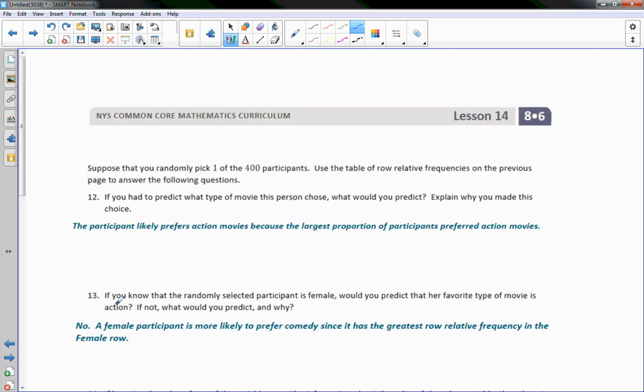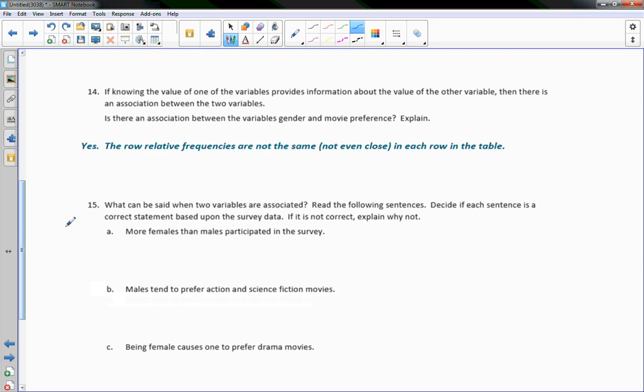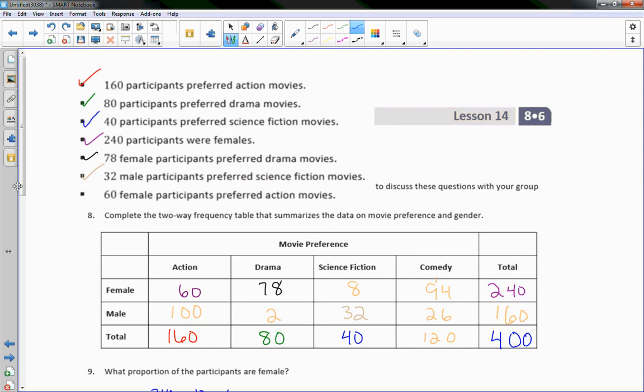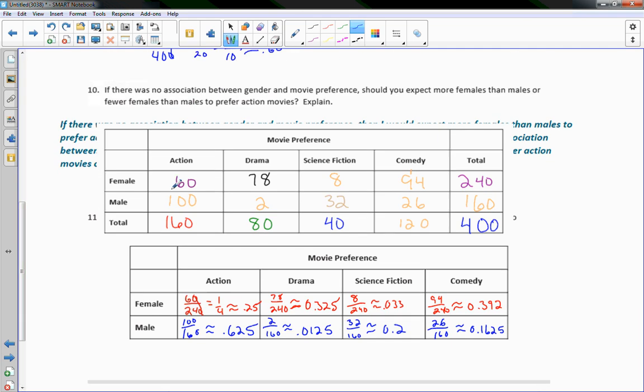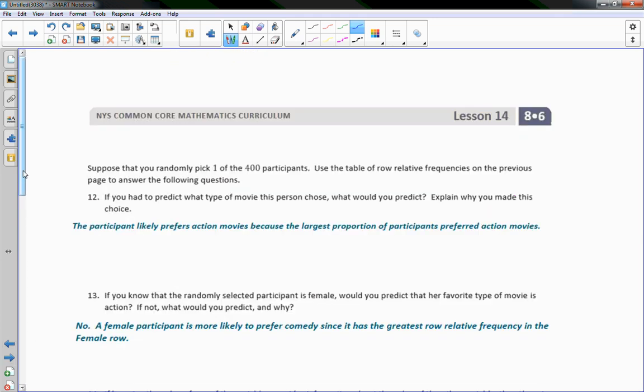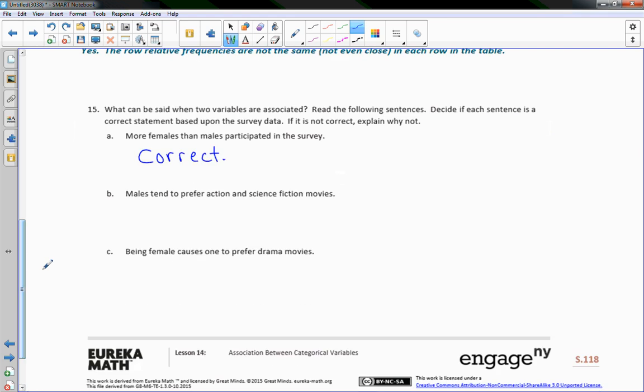That is correct. So I'm going to write that. That is correct. Males tend to prefer action and science fiction movies. So I go back and I look. Males, action 100, science fiction 32, drama 2, comedy 26. Those two categories were more than the other two, so that is correct.